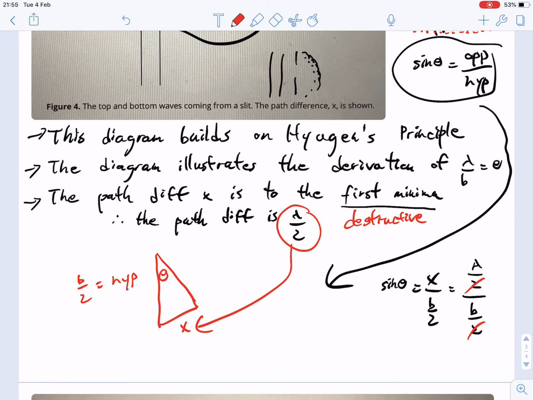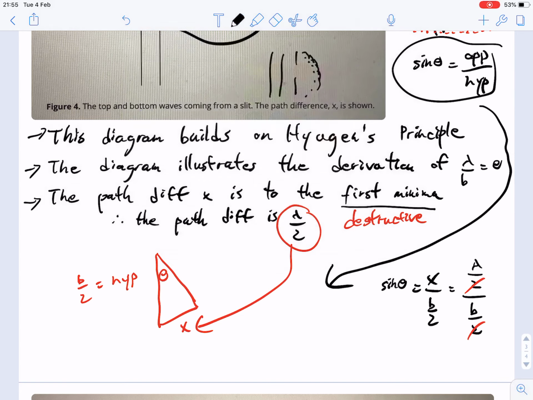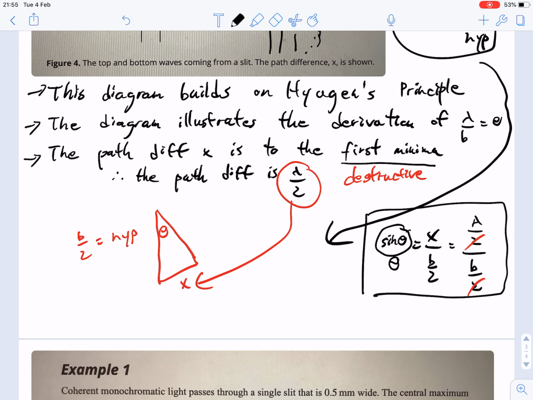And again, they're always kind of cheating here. And what they're really saying is, hey, with sine of angle theta, let's just treat that as angle theta. And so if we clean this all up, we have theta equals lambda over b.